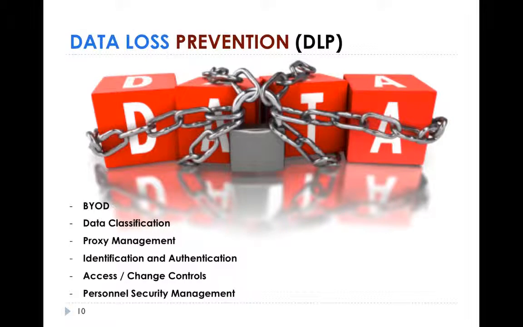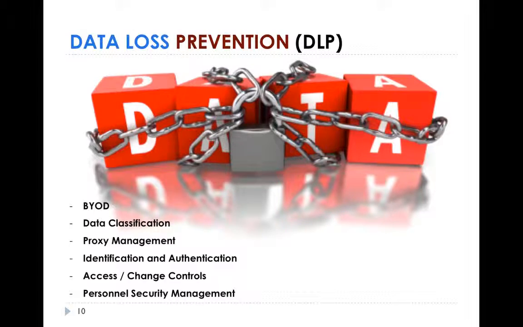And identification and authentication: in this area we need to identify who is authorized to access the system, and identify who, how, and what is accessed in the system. And access and change control, very important.